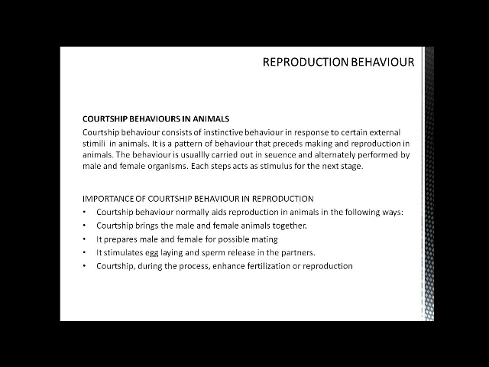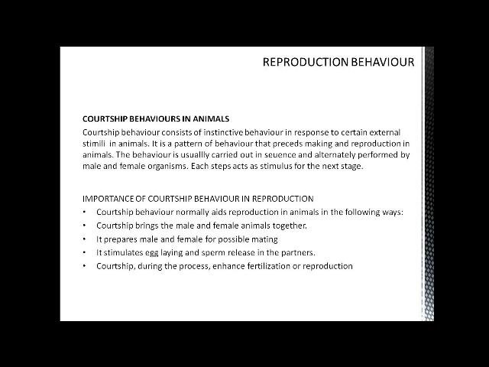Everything that is done is in order, and it is carried out by two different organisms in terms of sex. That is a male and a female organism coming together and mating, then giving birth in subsequent time.